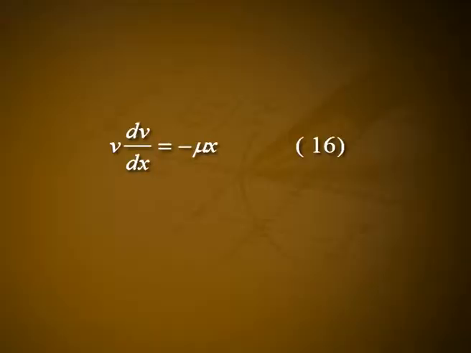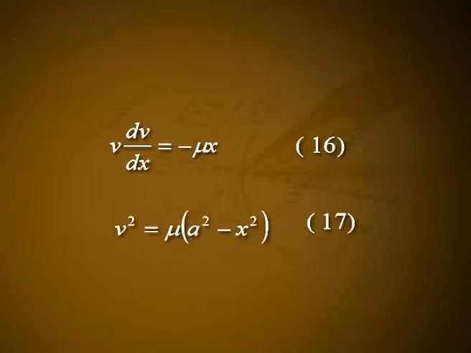Here a particle moves in a straight line in such a manner that its acceleration is always proportional to its distance from the origin and is always directed towards the origin. So that v dv/dx is equal to -μx. Integrating, v² is equal to μ(a² - x²), where the particle is initially at rest at x equal to a.